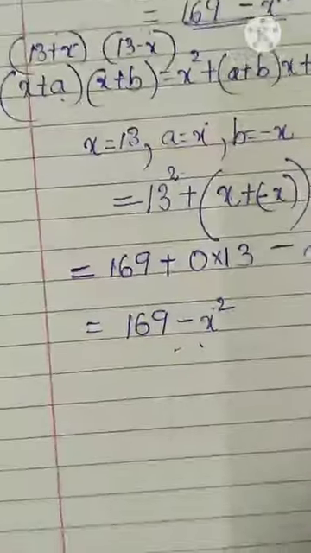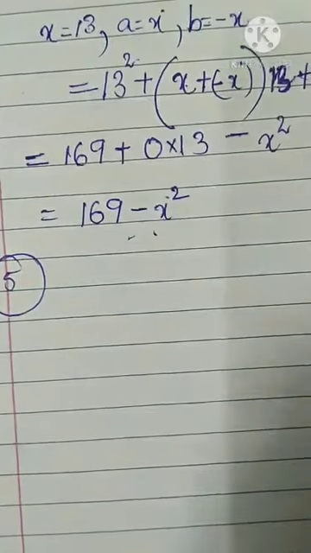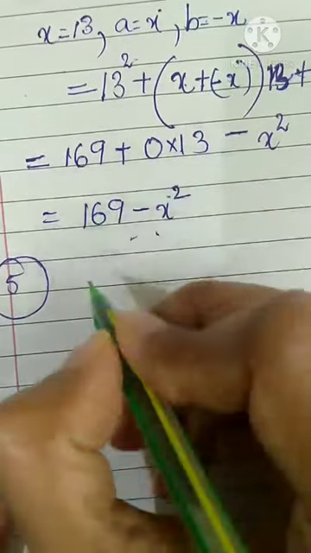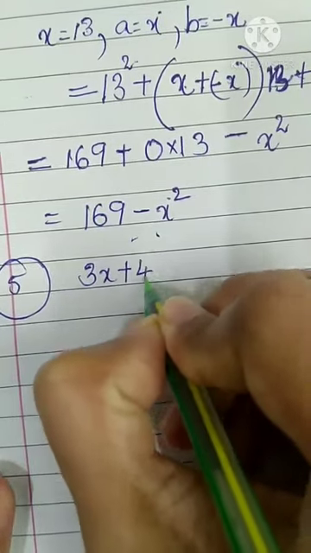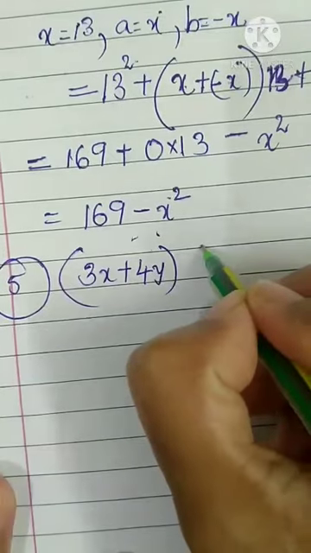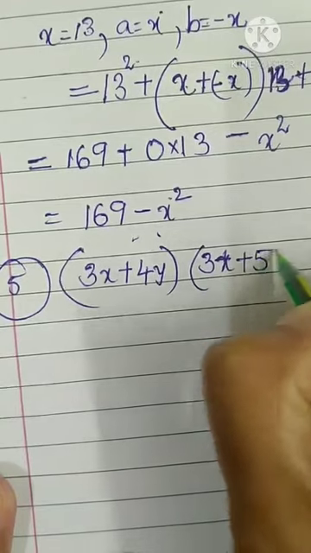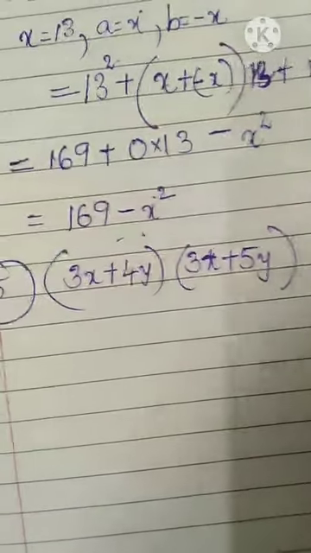Now let's take the fifth sum. The fifth question goes this way, where you have 3x plus 4y and you have 3x plus 5y. 3x plus 4y and 3x plus 5y.